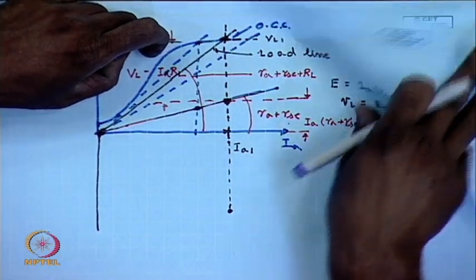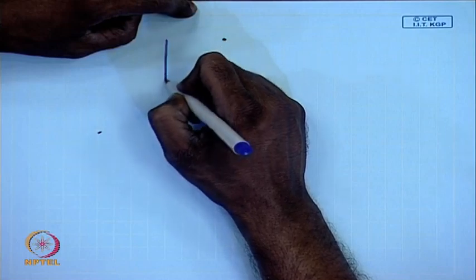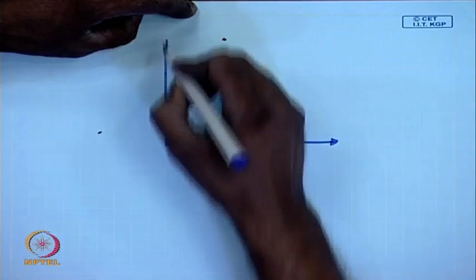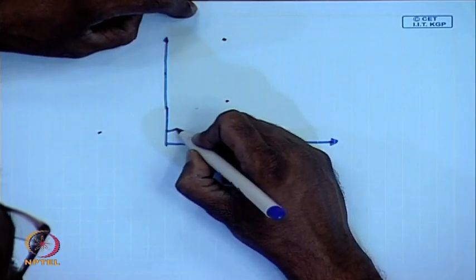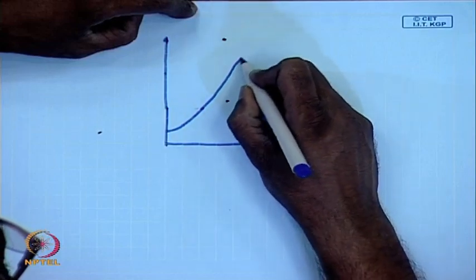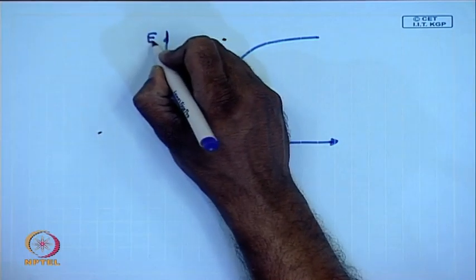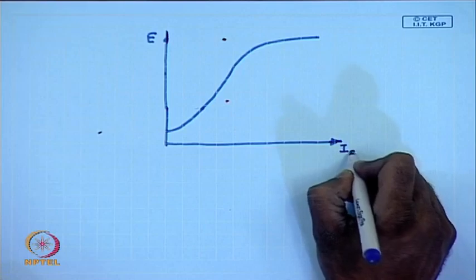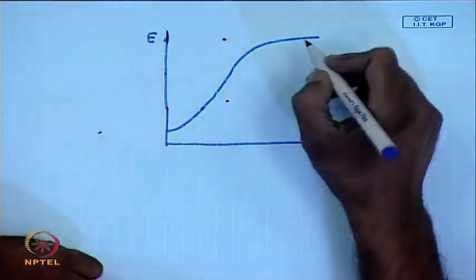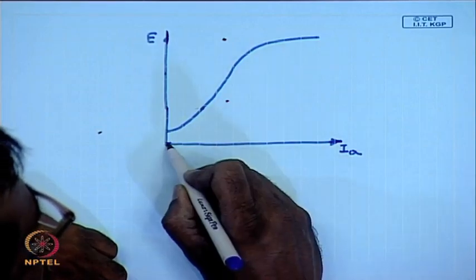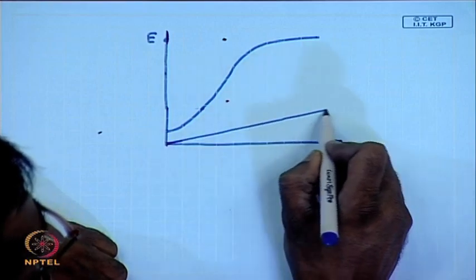Therefore, in order to draw the load characteristics of a series generator, one first draws the OCC, which is a plot of induced voltage versus field current, which is the same as the armature current in this case, and then on the same graph draws the load line corresponding to the armature resistance and the field resistance.